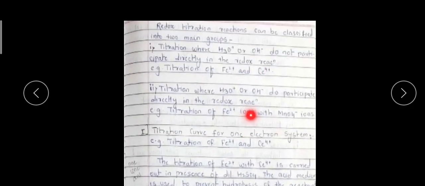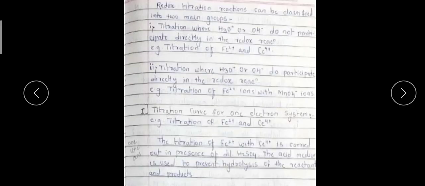You know the potential is related with the concentration through the Nernst equation. A redox titration curve is a plot of the potential versus the volume of the titrant added, that is, the oxidizing or reducing agent. Redox titration reactions can be classified into two main groups.